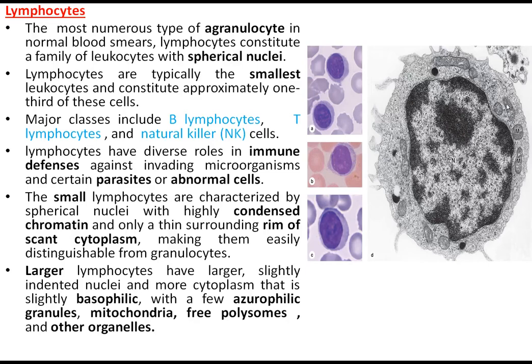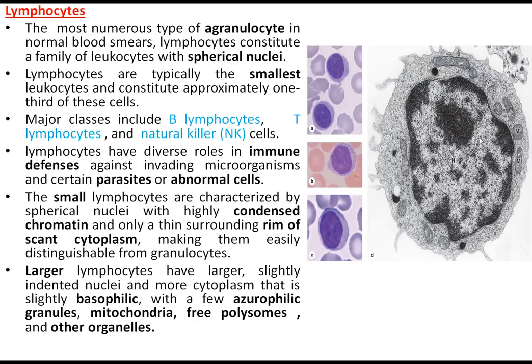They are the smallest leukocytes and constitute approximately one third of these cells. We have three types of lymphocytes: B lymphocytes, T lymphocytes, and natural killer cells.